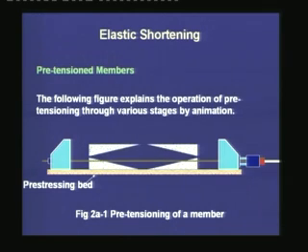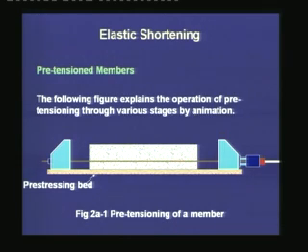After the shuttering is placed, the concrete is cast, it is cured and hardened to the desired strength, and then the tendon is cut. Now, when the tendon is cut, note that the concrete will shrink from its original length to a reduced length, and that shortening is called the elastic shortening.